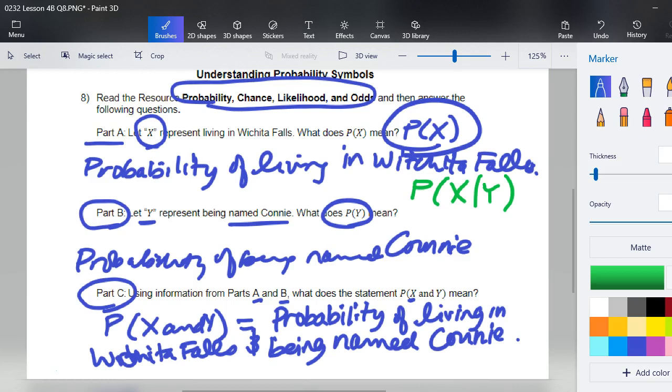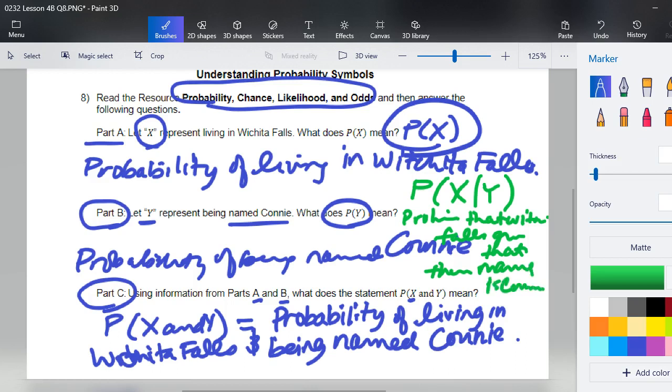So to write this out, it would be, what is the probability that someone lives in Wichita Falls given that their name is Connie.